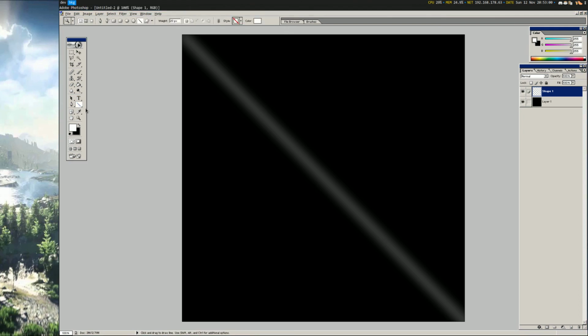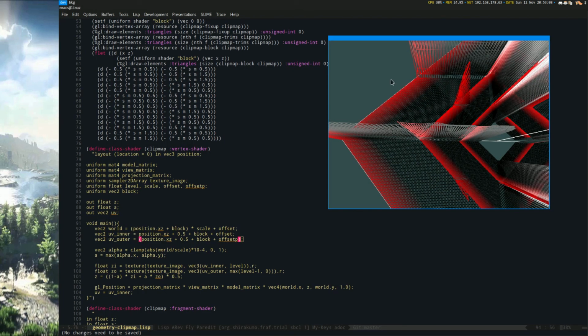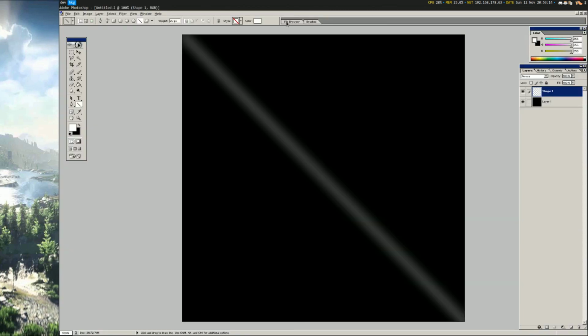Yes, but... The problem is I don't actually know how this is laid out in this, so... Because of the offset, it's only in one direction, so I don't know if I'll get it.